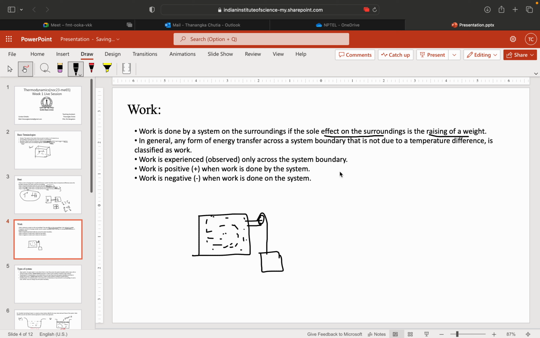Now this might be a critical thing to understand. You already know that heat is the form of energy which takes place when there is a temperature difference between two bodies.